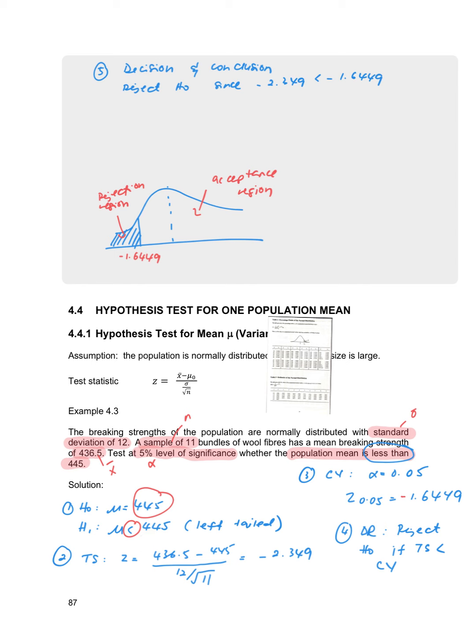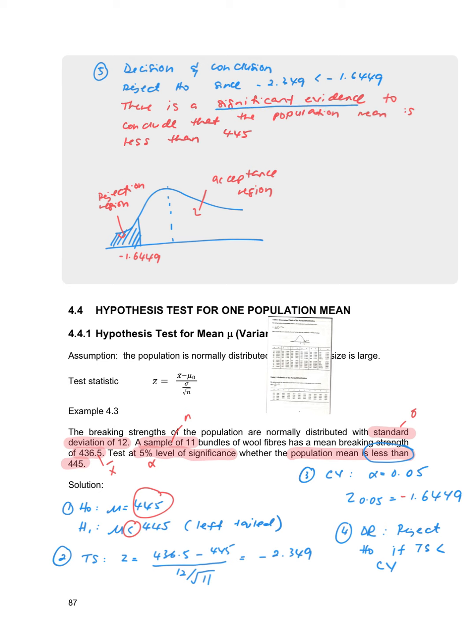To write the conclusion: there is significant evidence to conclude that the population mean is less than 445. The important keywords here are significant evidence to conclude that the population mean is less than 445. Since we reject the null hypothesis, what we accept is our alternative hypothesis.